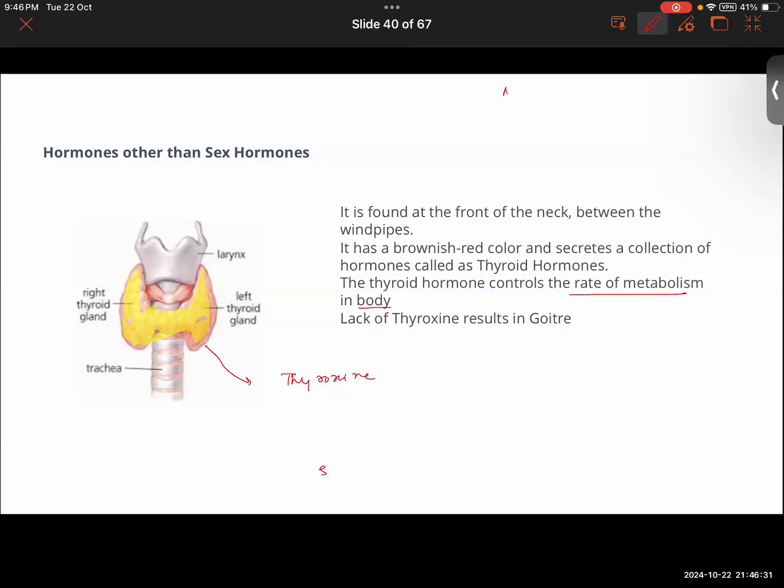Metabolism refers to biochemical reactions inside our body, for example respiration, digestion of the food, etc. So this thyroxine hormone is responsible for controlling the rate at which respiration, digestion, and other things will be happening.